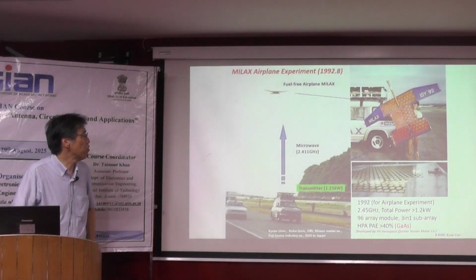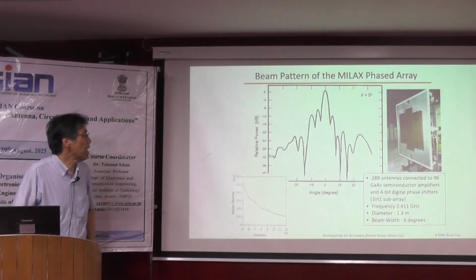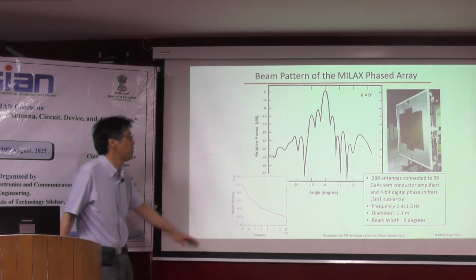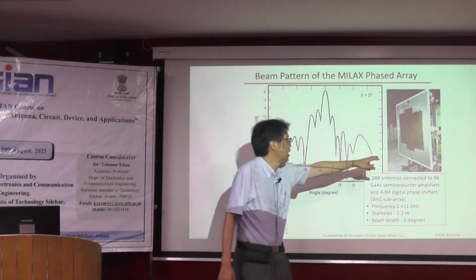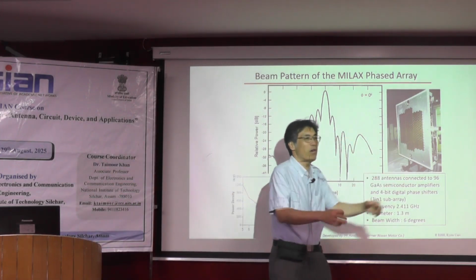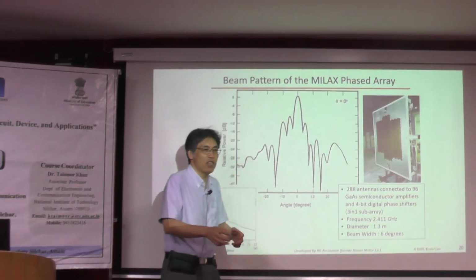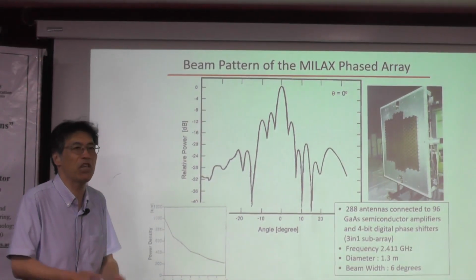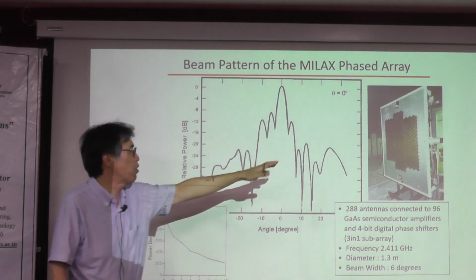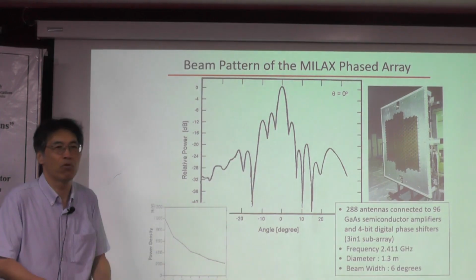And I would like to introduce a Japanese case. For example, this is the MILAX experiment as I introduced yesterday, and this is the beam pattern from this phased array antenna. Here you can see there are a lot of small antennas. Antenna and phase controlling circuit are the same, and from each antenna, we control the phase.